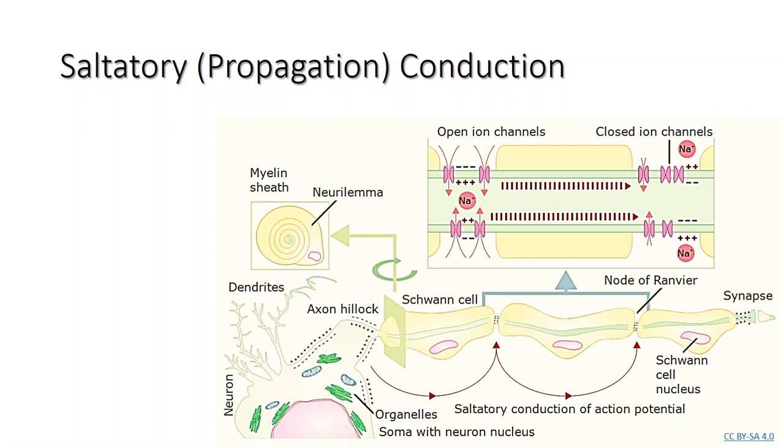By contrast, at the nodes of Ranvier, where there is no myelin sheath, the axolemma has many voltage-gated channels. Hence, current carried by sodium ions and potassium ions flows across the membrane mainly at the nodes.